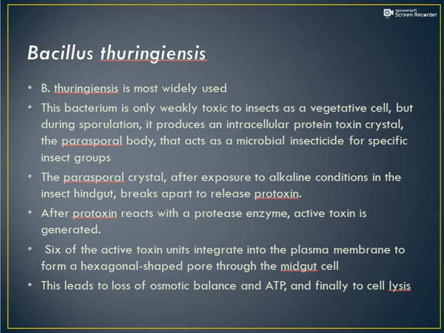The parasporal crystal, after exposure to the alkaline conditions in the insect's hindgut, breaks apart to release a protoxin. After the protoxin reacts with the protease enzyme, the active toxin is generated.